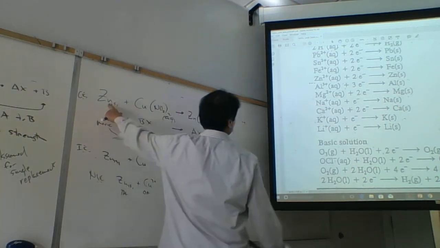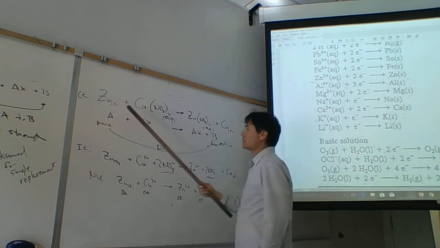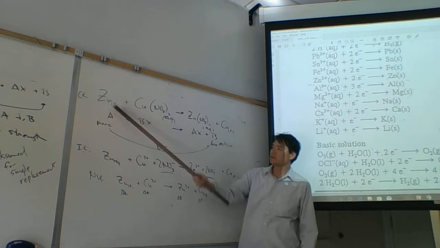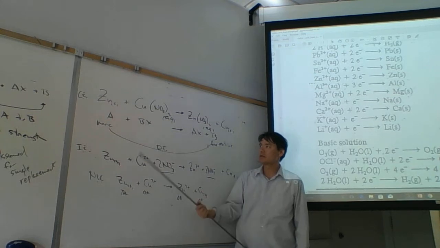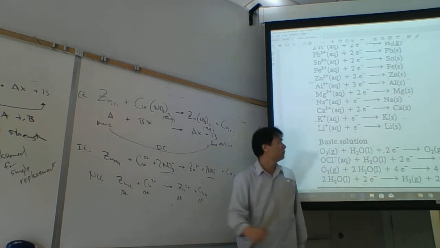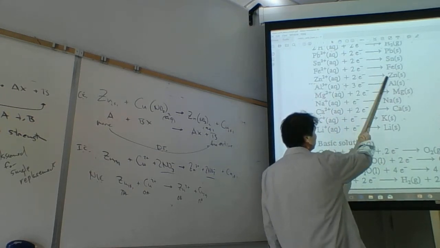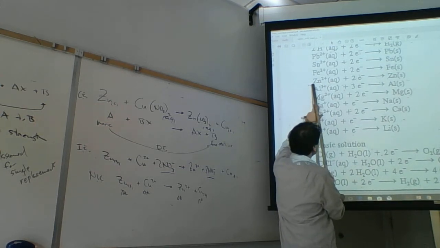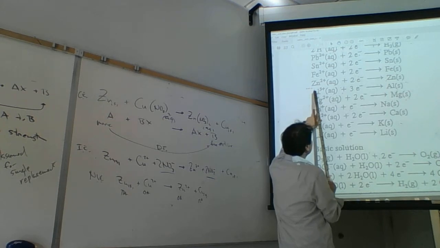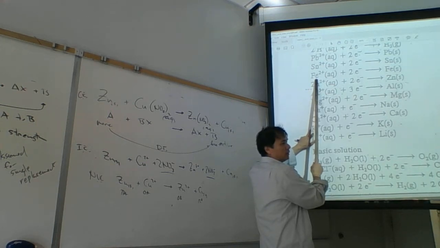So if I want to oxidize zinc metal, and that's what's happening here, zinc metal is being oxidized because zinc is losing electrons to go to Zn2+. And so zinc is being oxidized by some oxidizer. I want to oxidize zinc metal to take its electrons. Will zinc ion be powerful enough to oxidize zinc metal? No. So we need an oxidizer that's more powerful than zinc ions. Are aluminum ions more powerful? No. How about iron(II)? Yes.